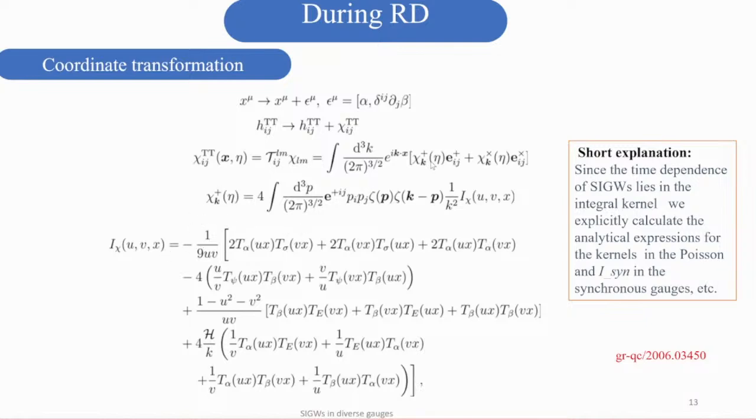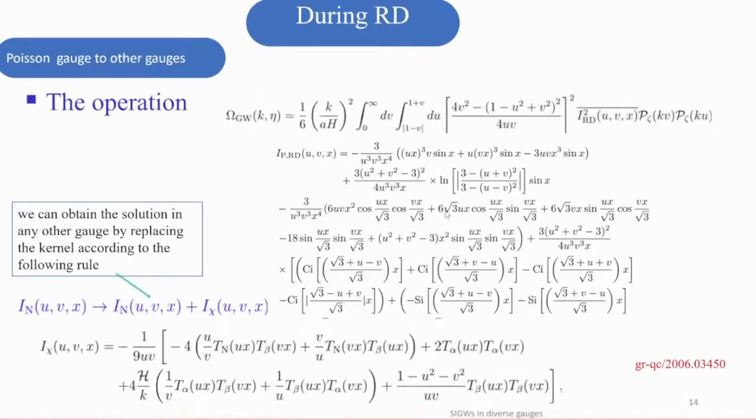Since the time dependence of scalar-induced gravitational waves is in the integral kernel, we explicitly calculate the analytical expression for the kernels in Poisson gauge, in synchronous gauge, in every gauge. Further, during radiation domination, to discuss the energy density of scalar-induced gravitational waves, we have to find the solutions from the Newtonian gauge or Poisson gauge to other gauges.